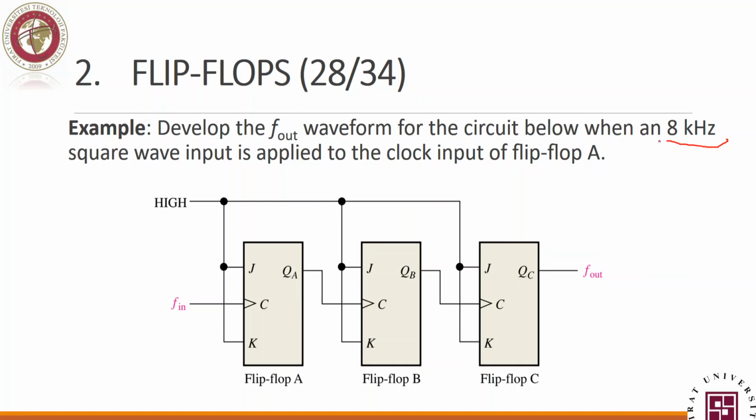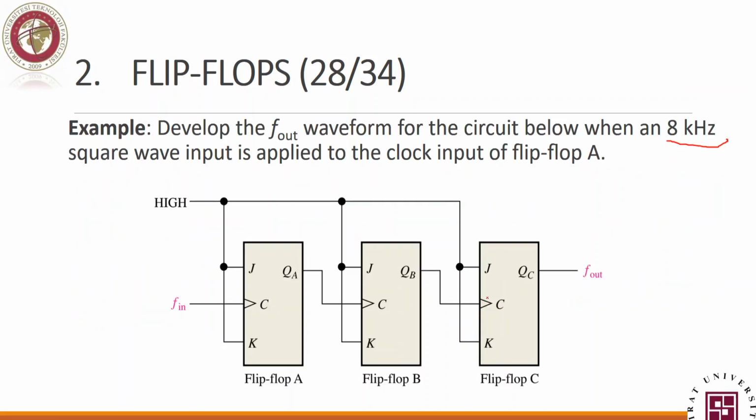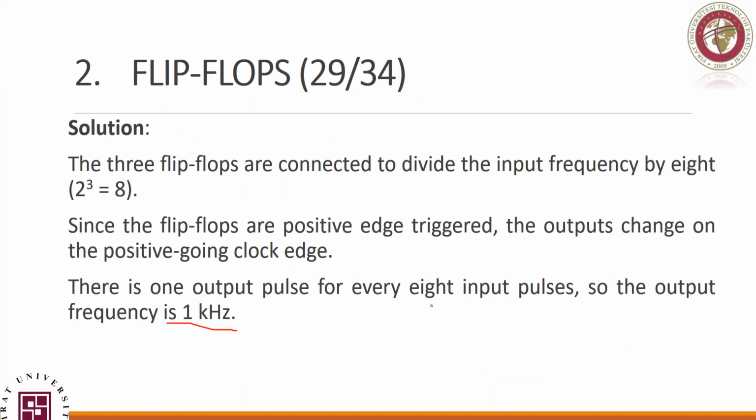So F out is exactly 8 divided by 8, that means 1 kilohertz. And that's exactly what we are looking for here. It doesn't need much trouble. Three stages means you divide by 2 to the 3, which is 8. So you'll divide this one by 8, and that will be the output frequency, okay?